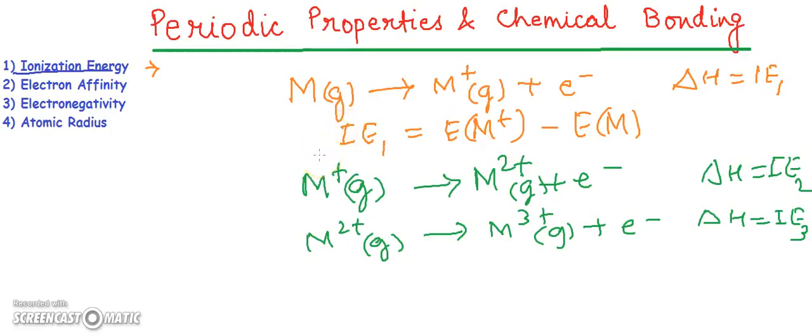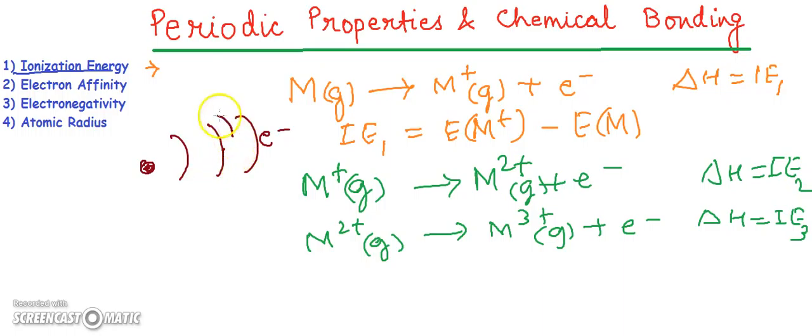You know why? Because if you have a nucleus present in the center, and here you have the shells, after removal of the first electron, the second shell is going to give you more difficulty in the removal of the electron.